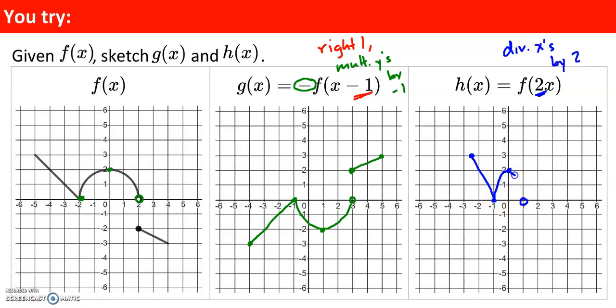It would be a pinched in half circle. The filled in dot for the last segment at 2, negative 2 is now at 1, negative 2. And the end of the segment that was at 4, negative 3, half of 4 is 2, it's at 2, negative 3. And there should be a sketch of what h of x looks like.